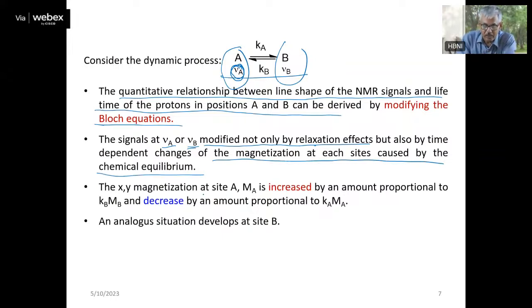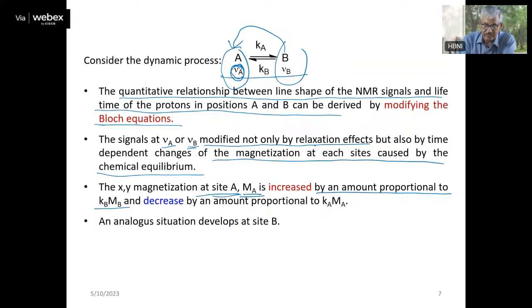So let us take the site A. The magnetization MA for site A is increased by an amount proportional to Kb Mb, because B is getting converted to A, and that increases your signal strength.